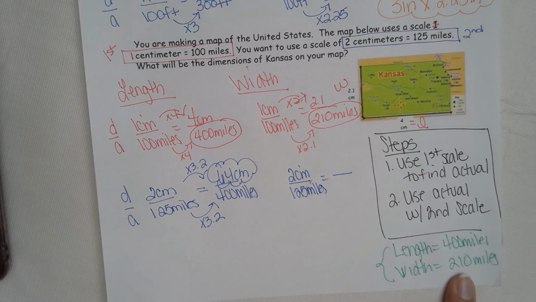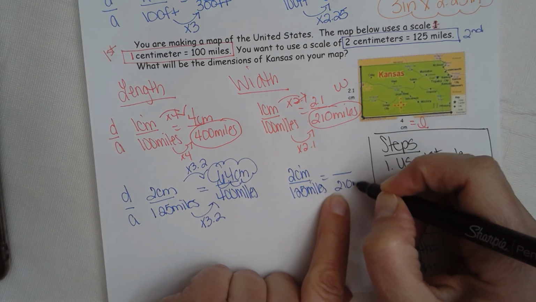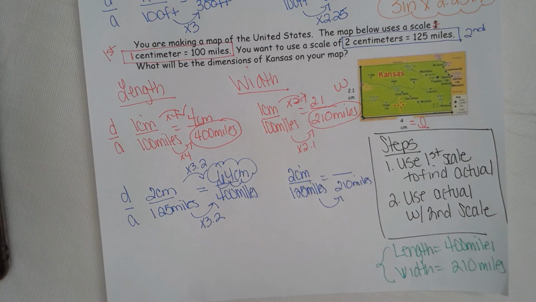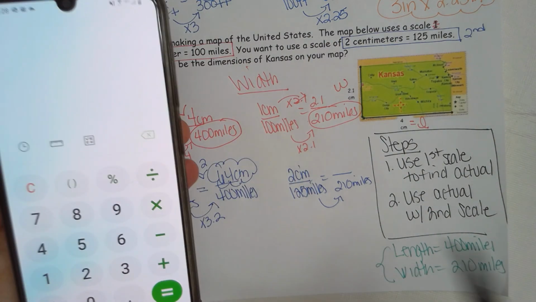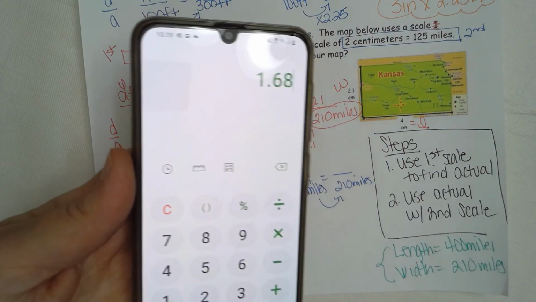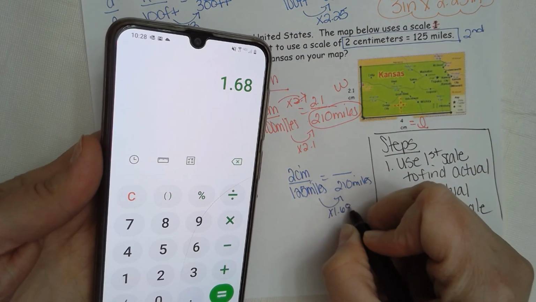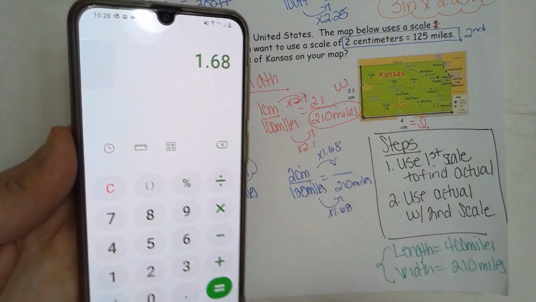Okay, and we're going to do the width, keep that new scale, and our actual width is 210 miles, so we're going to get that up here. Okay, guys, once again, I don't know what that is, so we're going to go backwards. The opposite of multiply is divide. We're going to take 210 and divide it by 125. I'm going to get 1.68. So that's what I'm going to multiply both the bottom and the top by.